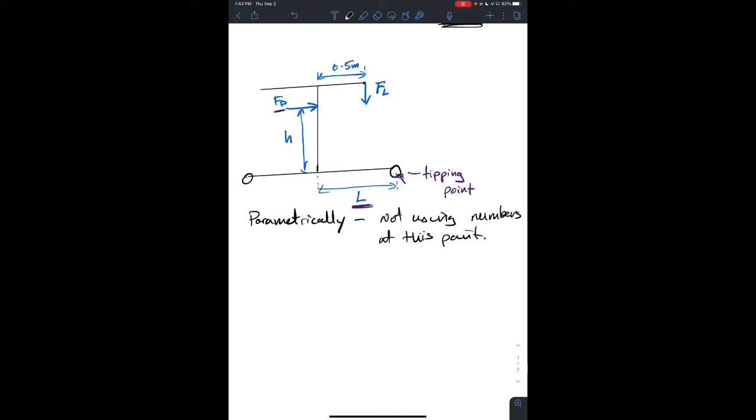For example, FL, we will keep as FL. We will not put 45 kilograms, which the description said is the load it must be able to carry. We will keep it as FL. We will keep the height as H. We will keep the distance here as L. But we know for a fact that this is 0.5, so we keep it at 0.5.